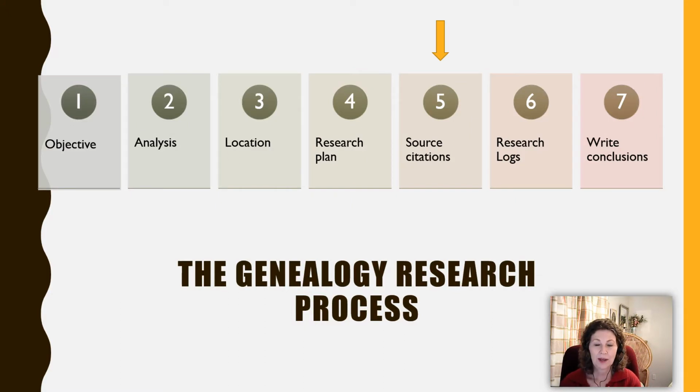In Part 1 and Part 2 of this series, I talked about the genealogy research process and where source citations fit. So let's just review that again. When we do a project or when we are doing our research, it really is most beneficial to start with an objective, to focus in on something, not trying to do a whole broad scope of research in one setting.